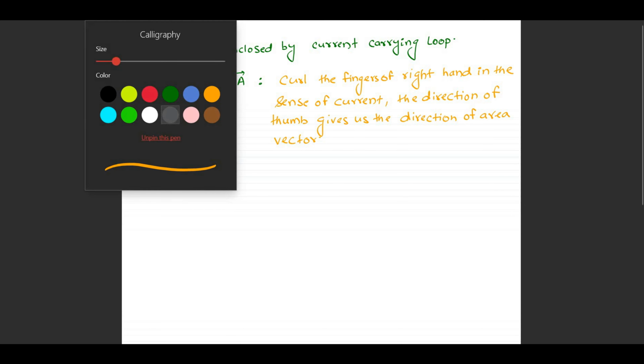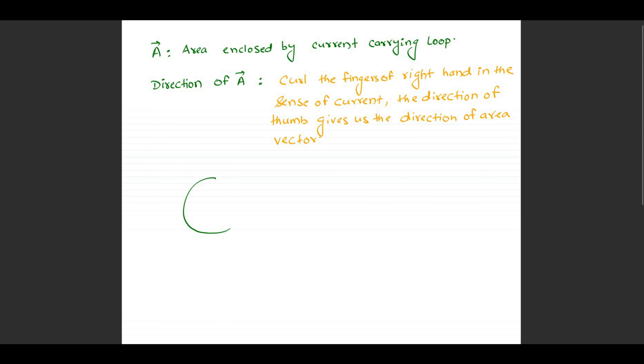So if the loop is like this, current is like this, if you curl the fingers, your thumb will be out of the plane. So in this case, area vector will be in k cap direction. If I change the sense, if you now curl the fingers of your right hand in the direction of current, thumb will be into the plane.